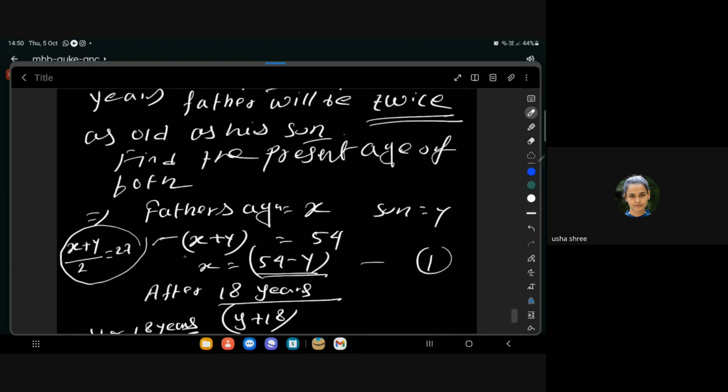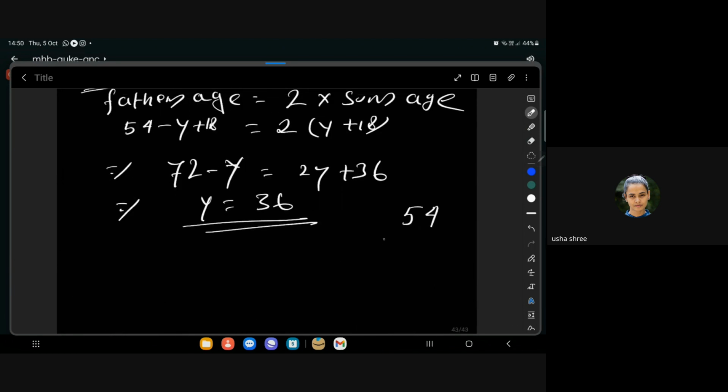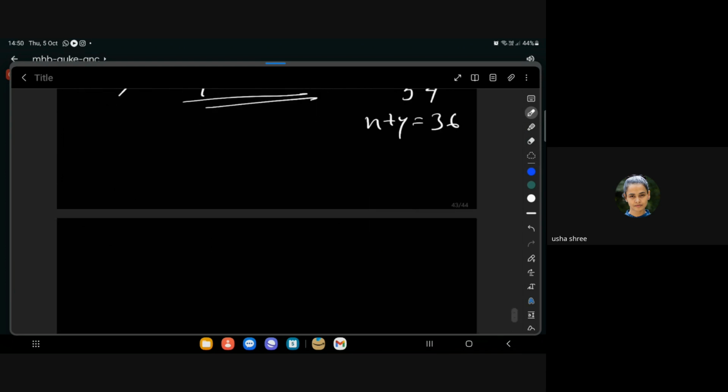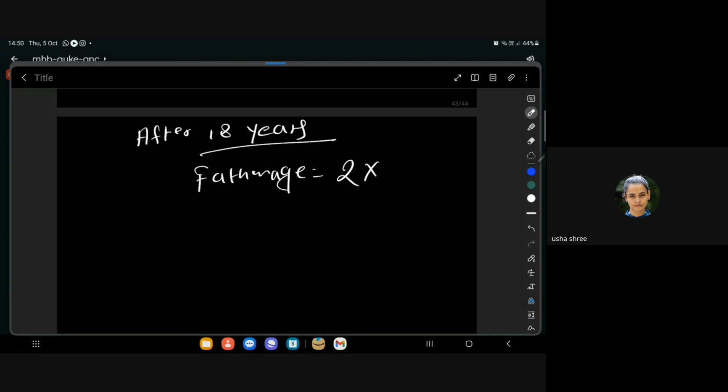The present age you have to find. You have to find x plus y equal to 54, this is the present. They have asked you to find out the present age. See, suppose after 18 years, father's age is equal to double of son's age.